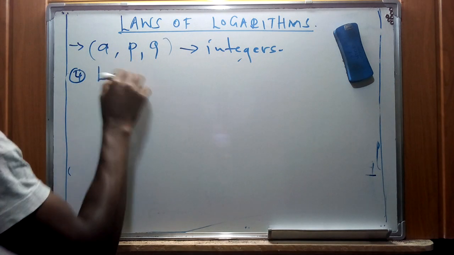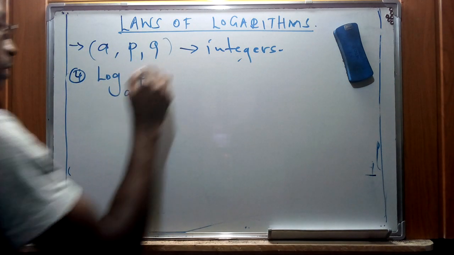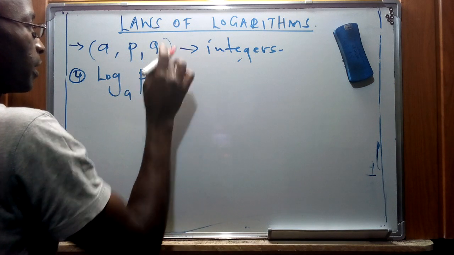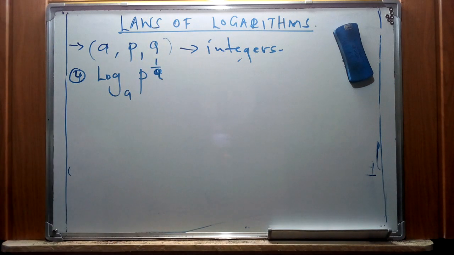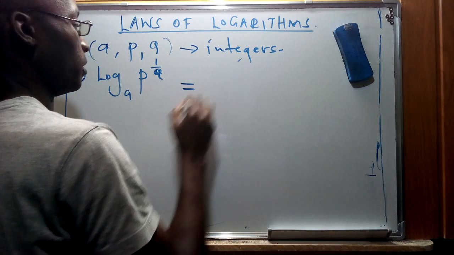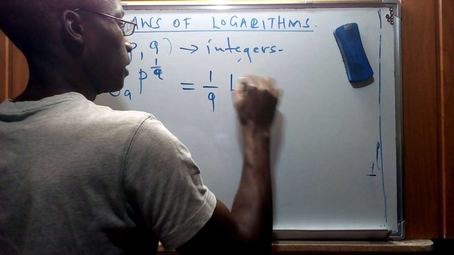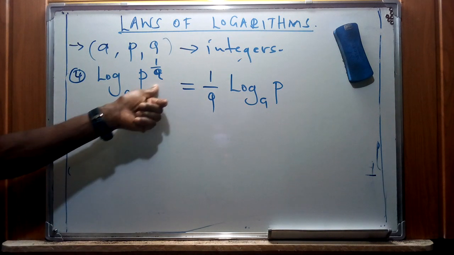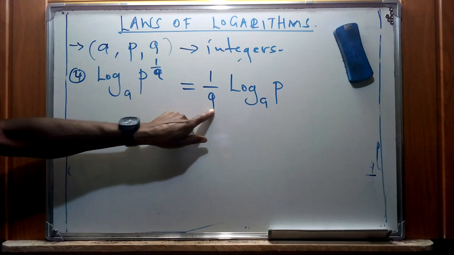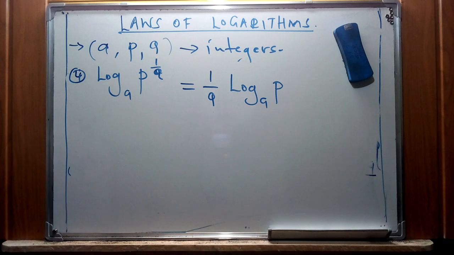So log to base A of a number P, which has been given the exponent of 1 over Q, we're going to represent this one as 1 over Q log to base A P. So for numbers which have been raised to a power, it's going to be given as a coefficient, and then we are going to have log P given as such.